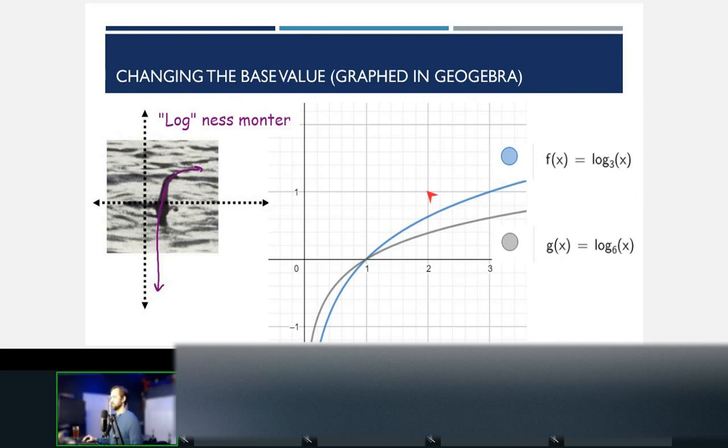So look at this graph here. What's going on here? And then look at the equations. What do you notice? Yeah, they both move in the positive direction. Sure, they both have that classic fin look. Yeah, but what else? So ignore the whole compression and stretch aspect of it. What's true about both graphs?